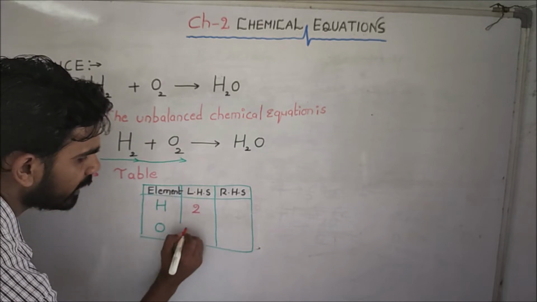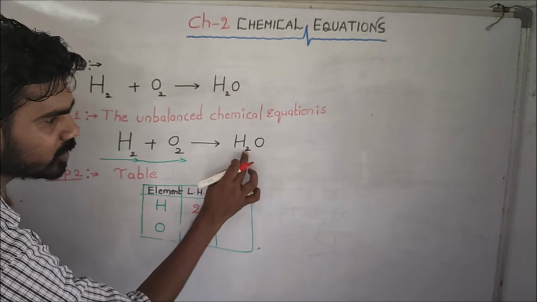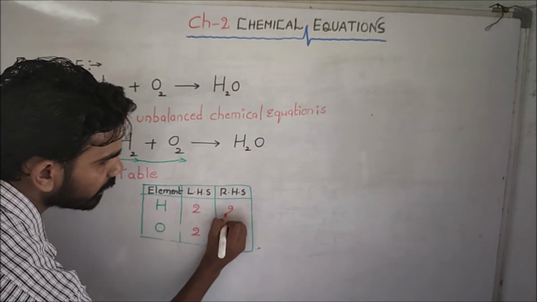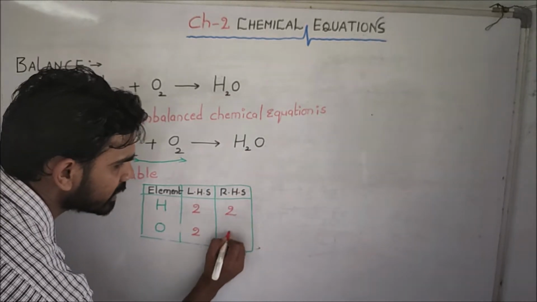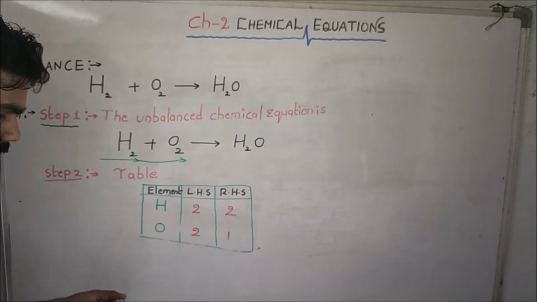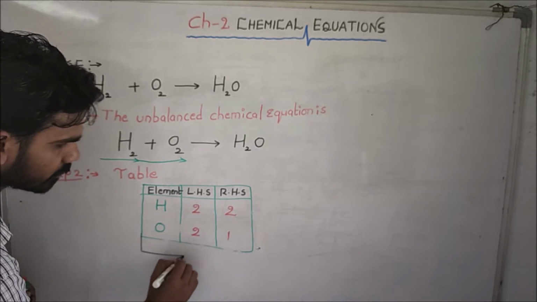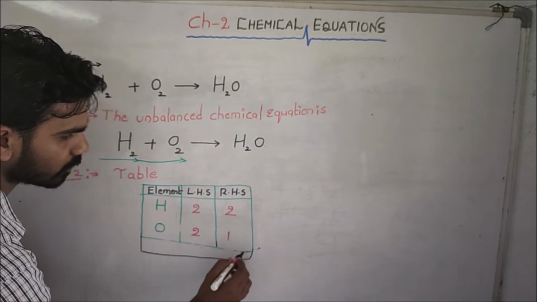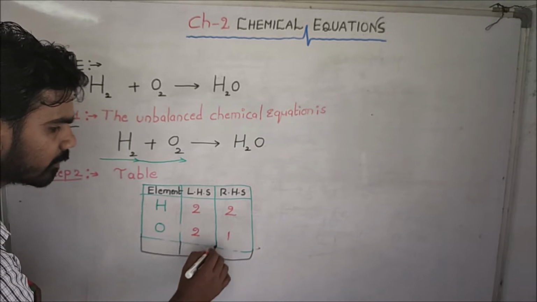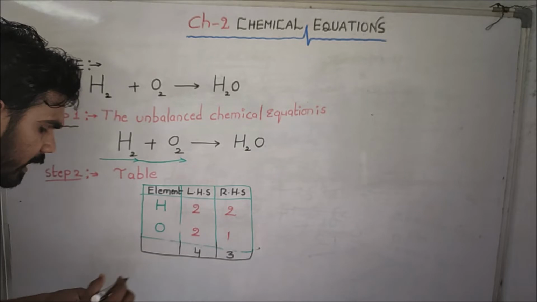And how many oxygens? 2. This you already know. On the right hand side, how many hydrogens? 2. How many oxygens? 1. Now you see the total: total 4, total 3.